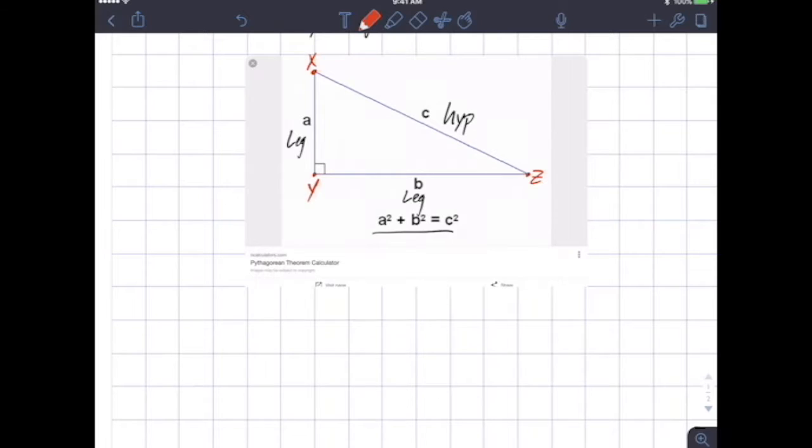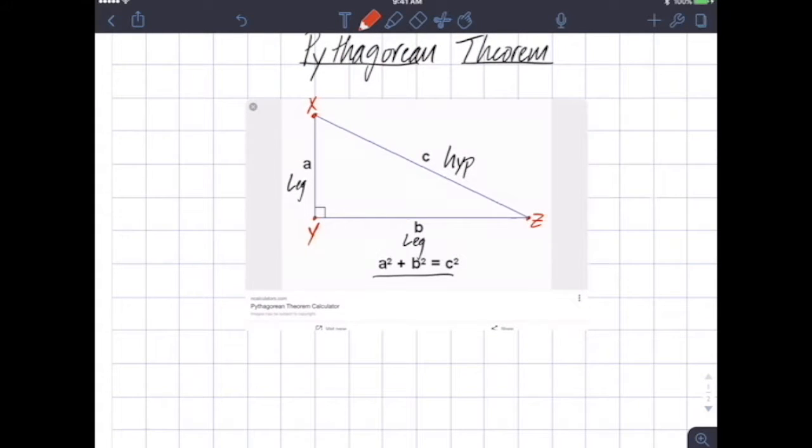Side note, if you don't have the length, let's say from X to Y, you don't know what A is, you don't know what B is, you don't know what C is, what you could do is use the distance formula, which we have covered already. So I'll write that down.